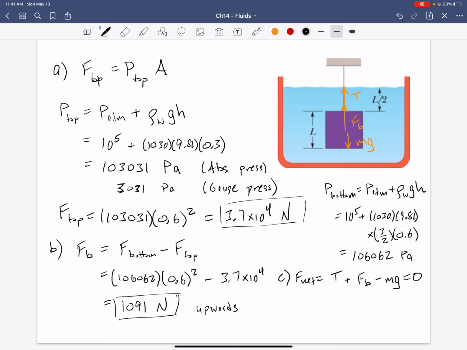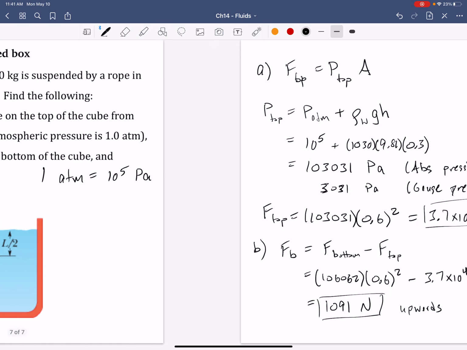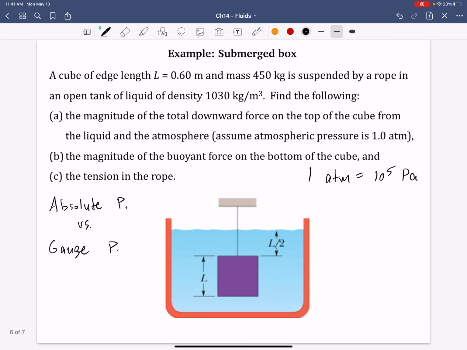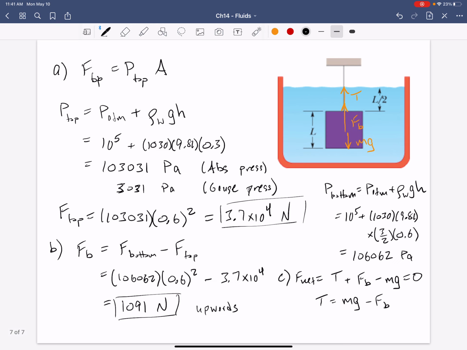And we want to find the tension. So it's mg minus the buoyant force. Do we have the mass of this block? I hope so. Yes, 450 kilograms. Plugging in those values, we should get a tension of approximately 3,300 newtons.